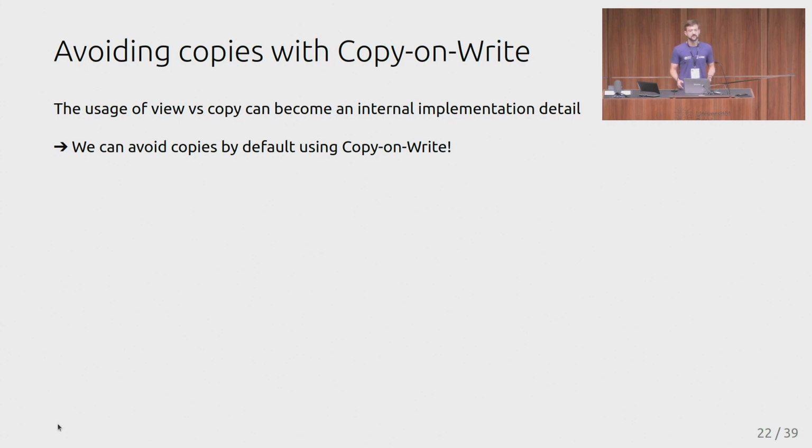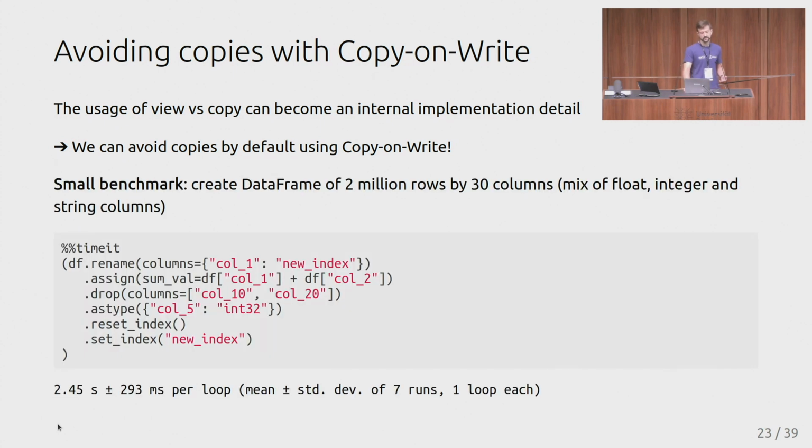And as a consequence of this, there's a lot of cases in Pandas where we make copies today where we no longer need to make copies. So here's a small benchmark where we took 2 million rows, 30 columns, some mix of float, integers, and strings, a typical data set you might see in data science. And we apply a whole bunch of operations to it: rename, assign, drop, astype, reset index, set index. In Pandas today, without copy on write, every single one of these operations makes a full copy of the entire data set.